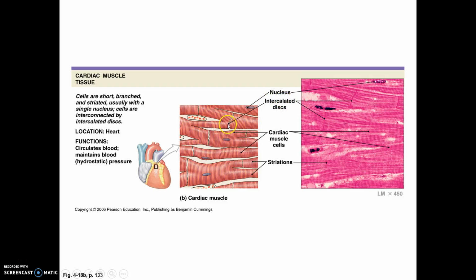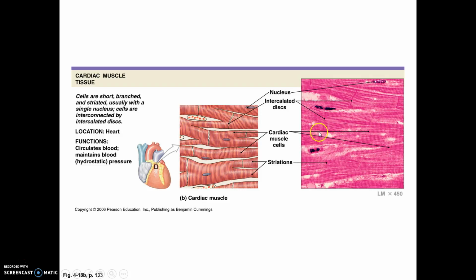These intercalated discs are actually connection points between two muscles. They contain something called gap junctions, which actually allow ions to move from one cell to another. This becomes extremely important when we understand how the heart beats as a unit and how we pass signal from muscle to muscle, so we can have this coordinated contraction so the heart can actually do its job.